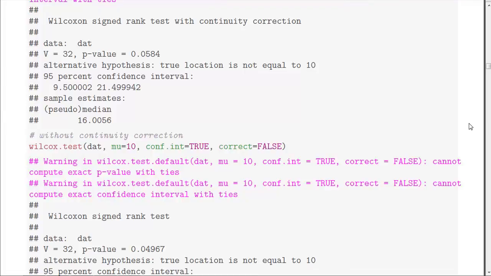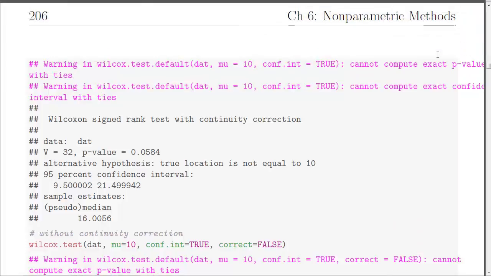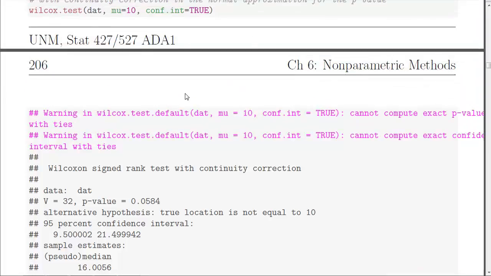So this is a moment where you probably want to go and learn more about this continuity correction and see what makes sense. The default for this method for the Wilcox test is to perform the continuity correction. Notice I didn't specify any additional arguments up here about the correction, and it performs it automatically.